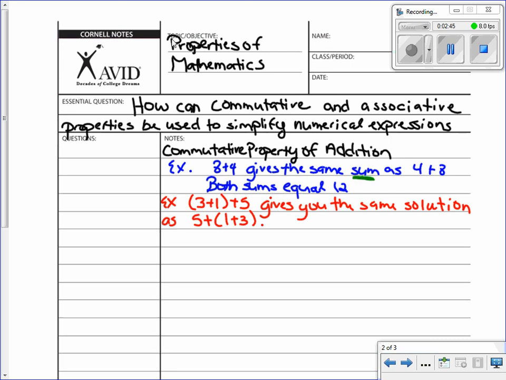If you notice here, again, they're the same numbers. We have 3, 1, and 5, 3, 1, and 5, but they're in a different order. If you look inside the parentheses, however, you'll notice that the numbers are the same. We have 3 and 1, and then 1 and 3. Both of these sums will equal 9.